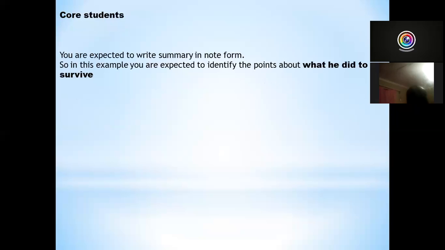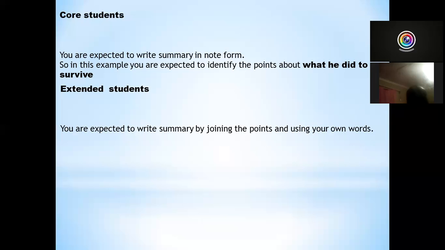But firstly, you need to know that core students are expected to write a summary in note form. Meaning to say, all those students who are doing core, you are expected to bring out your points in note form. So in this example, you are expected to identify points about what he did to survive. You are only asked to write points on what he did to survive.